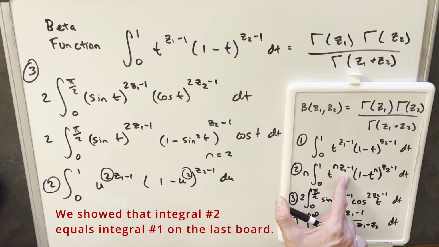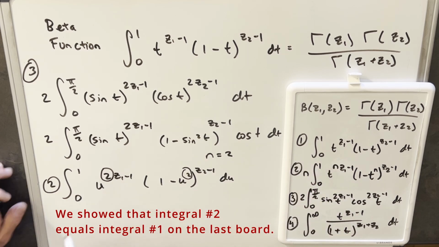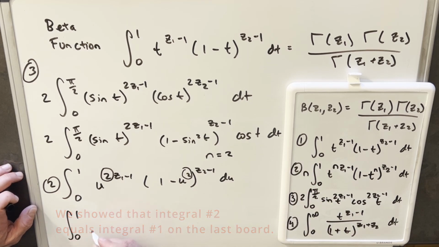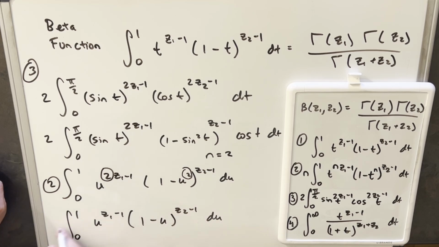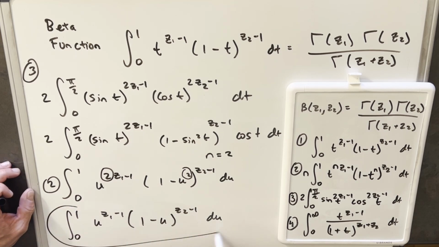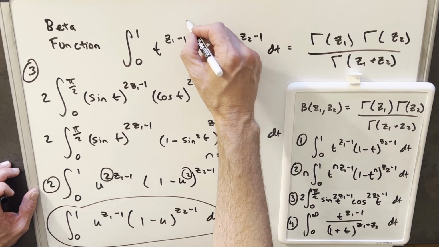So just knowing that integral 2 is the same as integral 1, we can rewrite this as the integral going from 0 to 1 of u^(z1 - 1) (1 - u)^(z2 - 1) du. All I did here is exclude all the n terms, and this is just from what we did on the previous board. And so, of course, this is the same as our equation 1 up here.